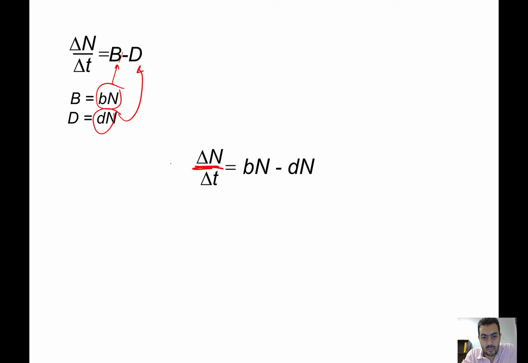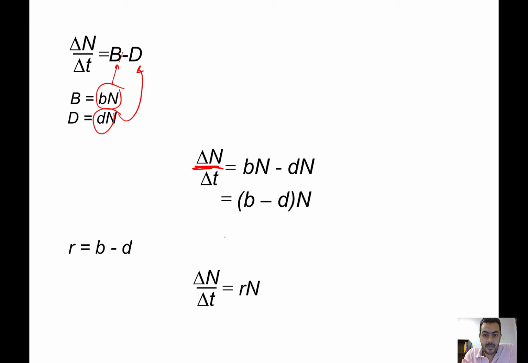So we can represent it in this way: small b minus small d, multiplied by N. And if you remember, we said that the per capita rate of increase r is equal to small b minus small d.